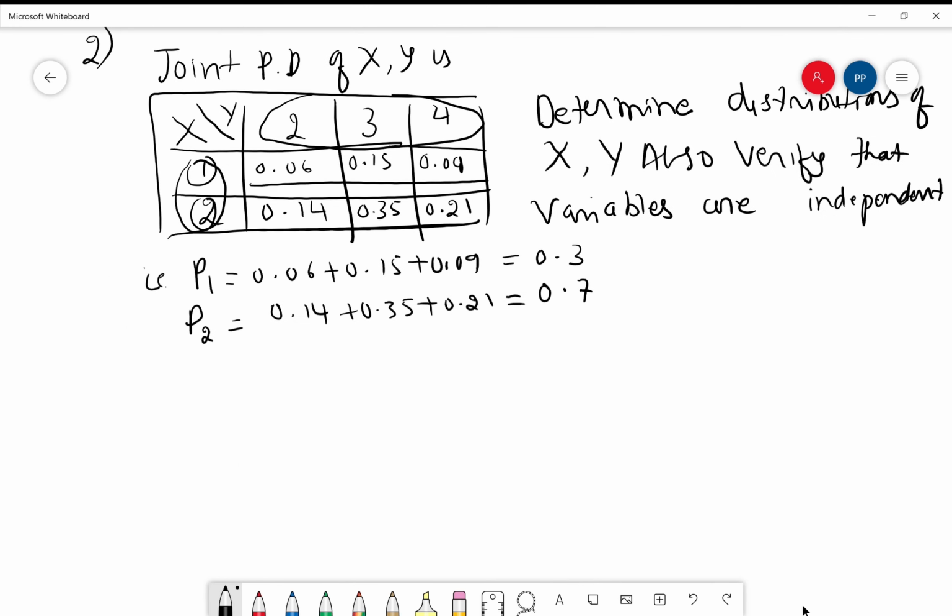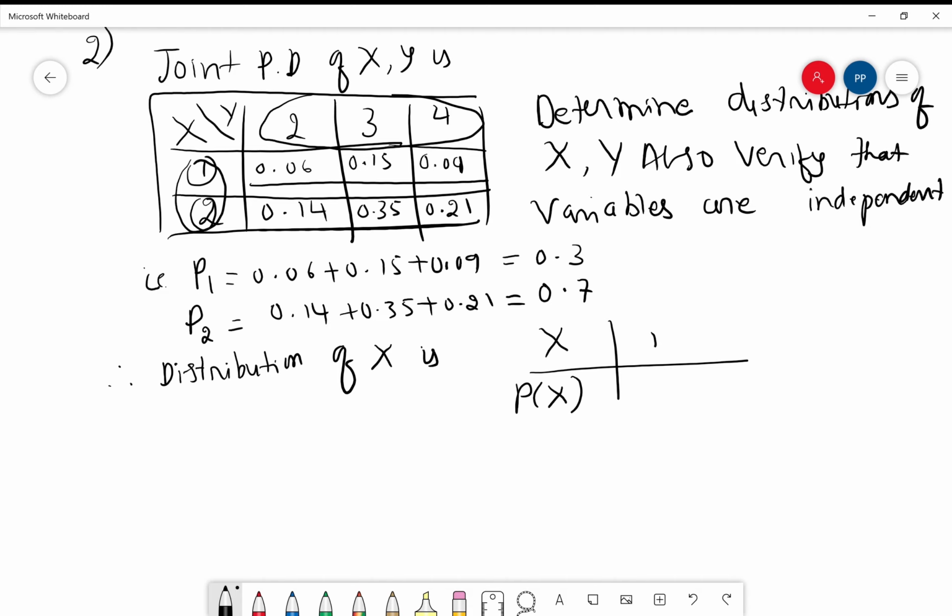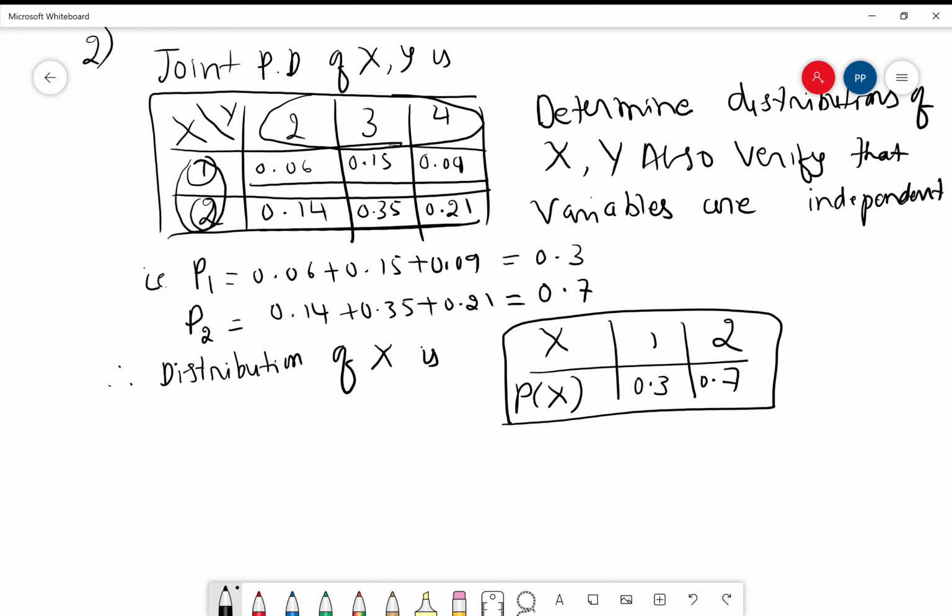Therefore, the marginal distribution corresponding to variable x is: x takes the values 1 and 2, p of x takes the values 0.3, 0.7.